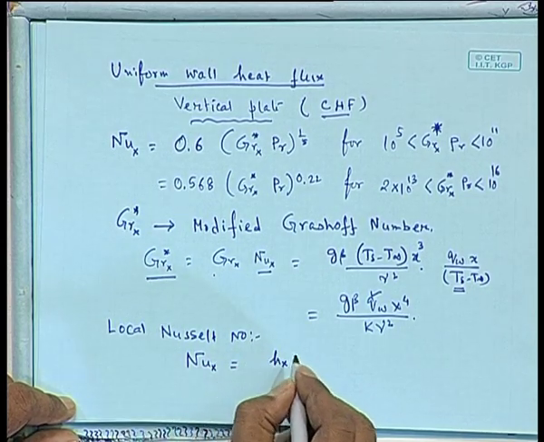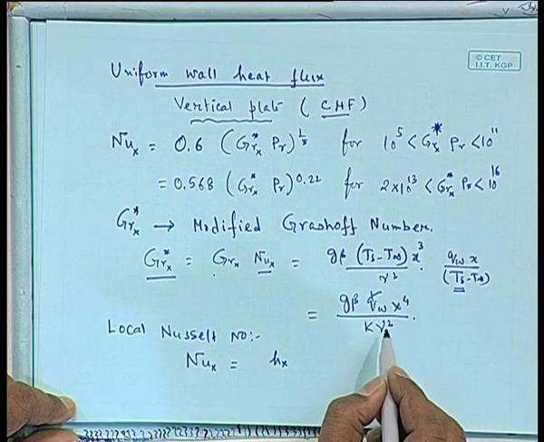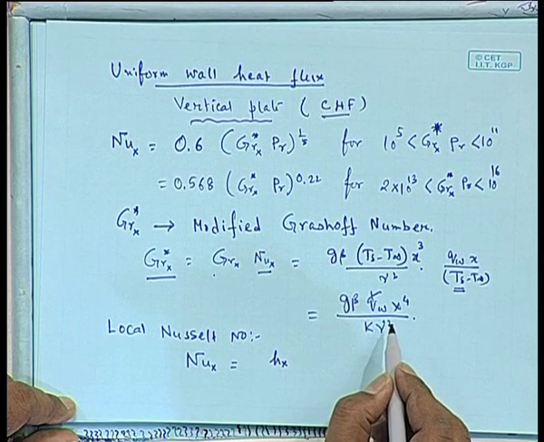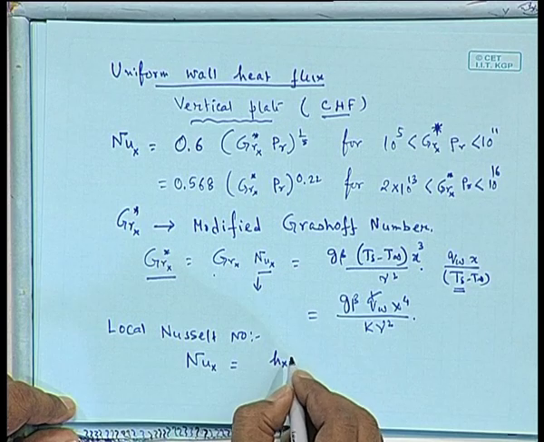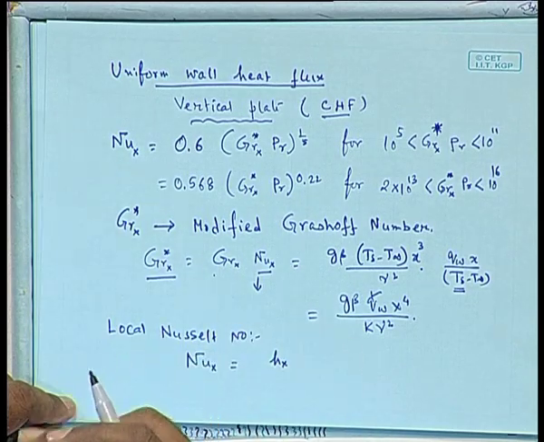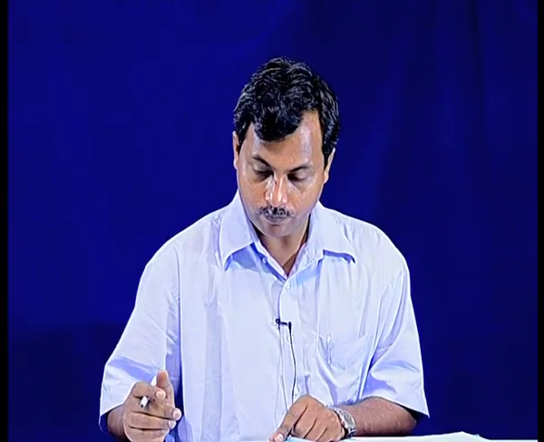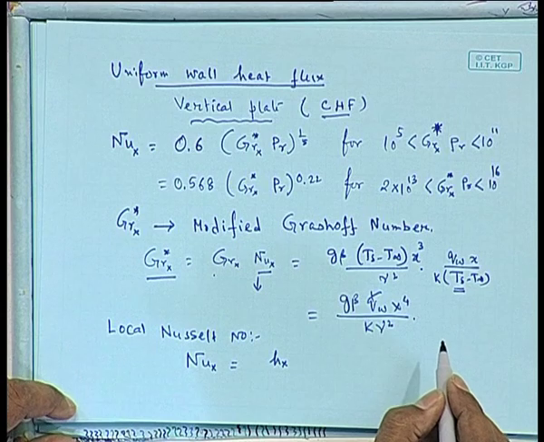What is K here? Sir, Nu you have written h_x only, h_x by K. No, this Nu_x is basically based on the distance x from the leading edge, vertical plate. So you have left out a K. I think we have left a K there, right? There will be K here.